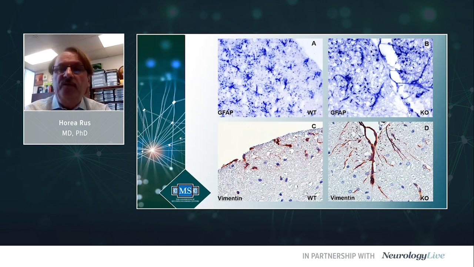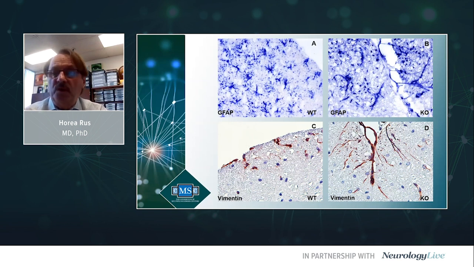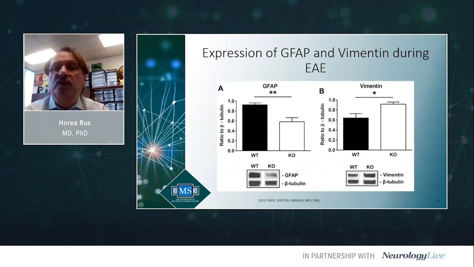And as you see here, vimentin stains these bipolar cells, and there's little staining here in the wild type, suggesting that our supposition, our hypothesis was right, and these cells are mostly progenitor cells based on morphology and based on their expression of proteins typical for progenitor cells.